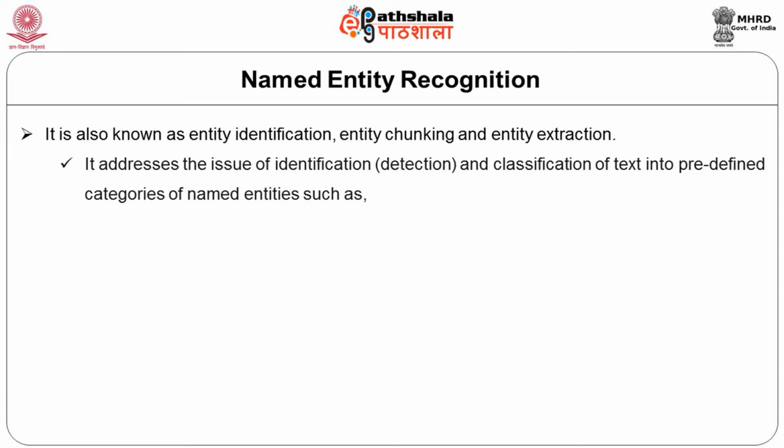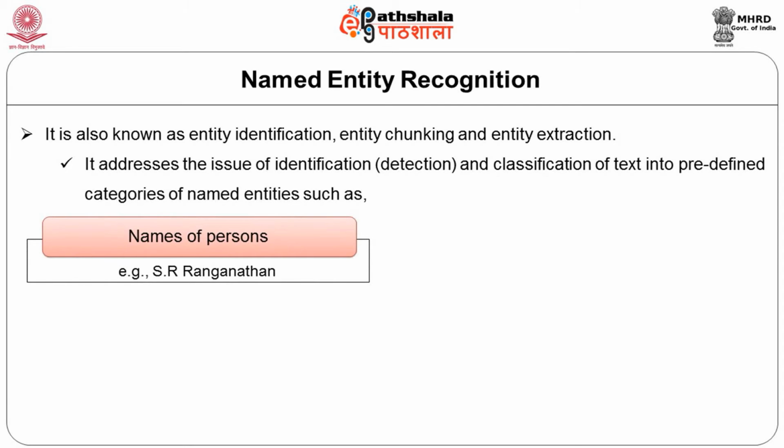For example, name of person, say any person, S.R. Ranganathan. Suppose that is occurring in text, that is a proper noun, and this could be limited text that can be entered and maintained, just like we have author authority files in the library bibliographic databases.